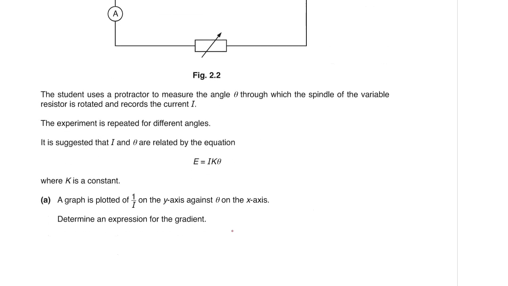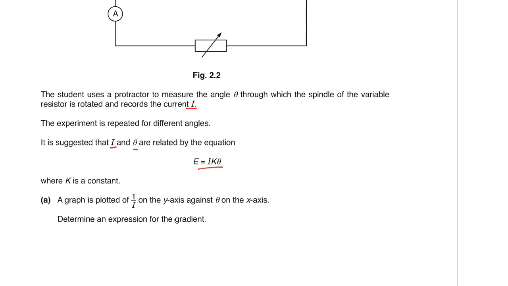The student uses a protractor to measure the angle theta through which the spiral of the variable resistor is rotated and records the current. The experiment is repeated for different angles. It is suggested that I and theta are related by this equation, where k is a constant. A graph is plotted of the reciprocal of current on the y-axis against theta on the x-axis. Determine an expression for the gradient.